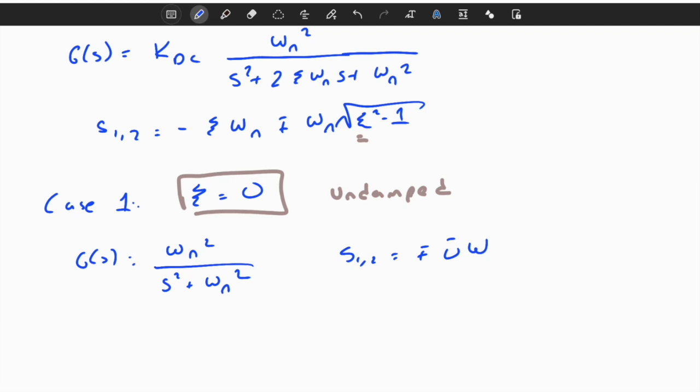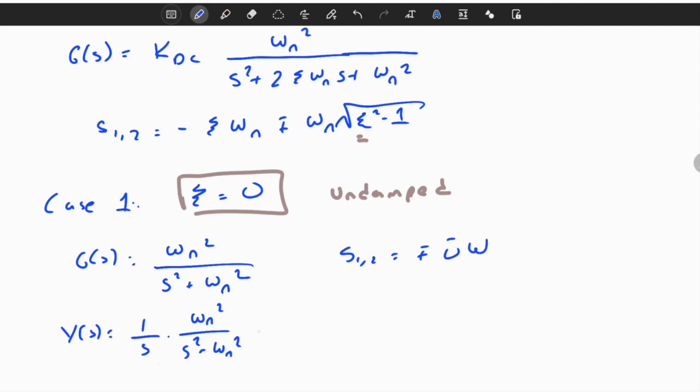So let's look at the step response of the system, which is technically the most important type of input that we will analyze in this course. Y of S is equal to 1 over S, the input, times omega n square over S square plus omega n square.